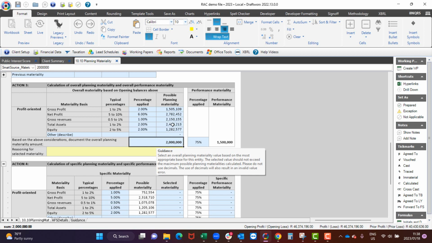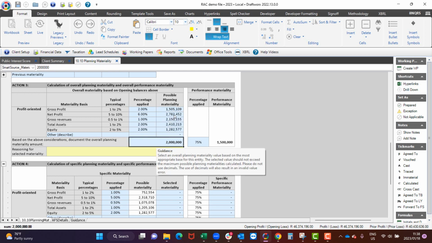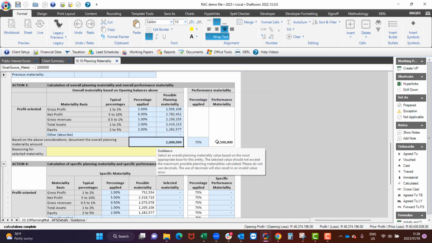Okay, it's guided, so you can't use a number that's more than the maximum of these figures. So the maximum 2.78 million, for example, if I try to put in 2.8 million, Draft is going to throw out a validation error that states that you're not allowed to use that figure. It's not within the possible planning materiality ranges.